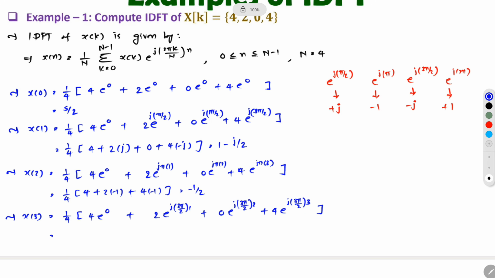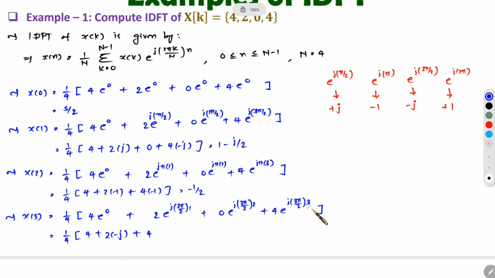Right. See, here we have e to the power 0, that is 1. Then here we have e to the power 3 pi by 2, which is minus j. So let us substitute minus j over here. Then this is 0. Then here we have 4 into e to the power j 9 pi by 2. See, e to the power j 9 pi by 2 means e to the power j 2 pi plus pi by 2, right?